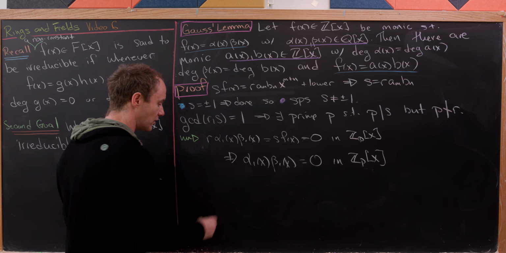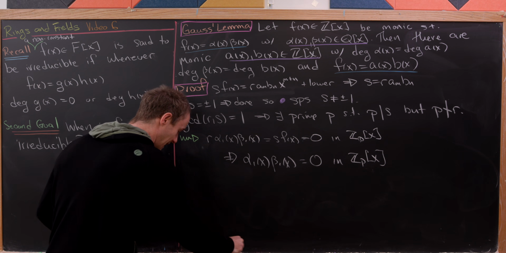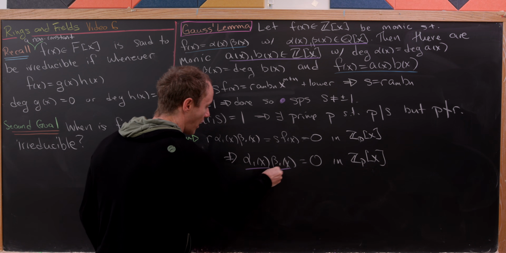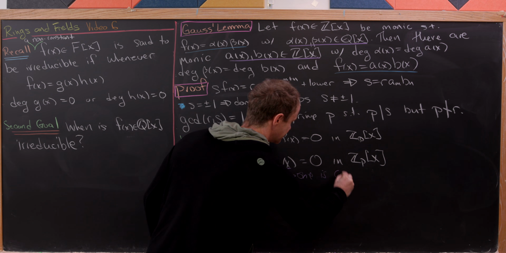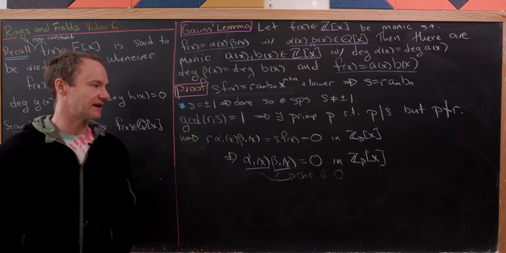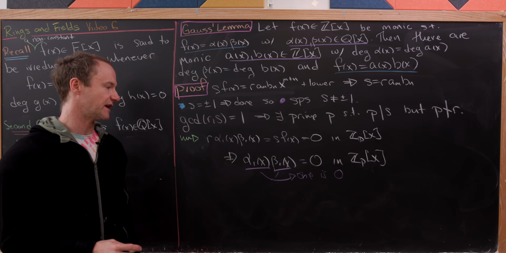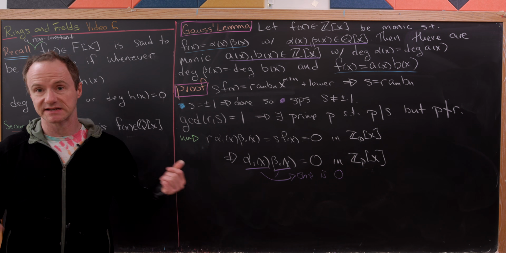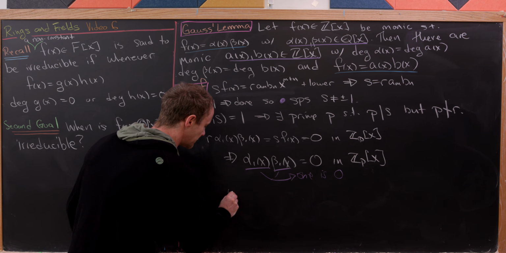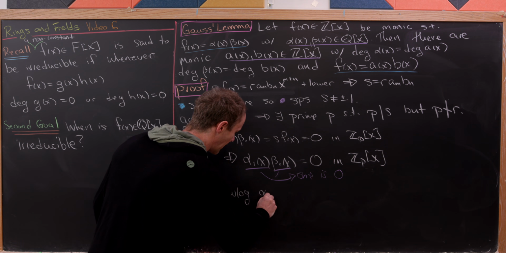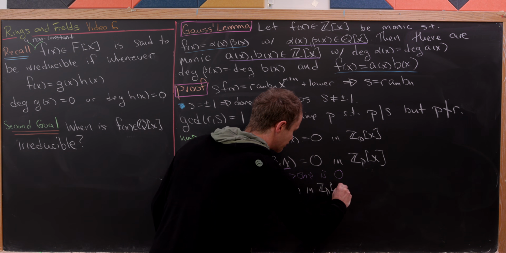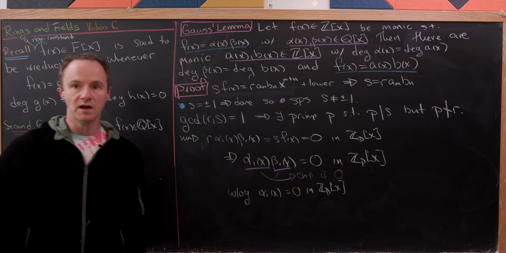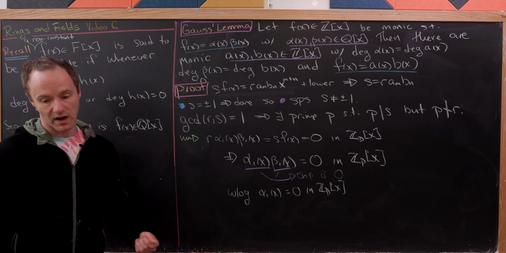That tells us that one of these is 0 inside of Z_p adjoin x. Again, Z_p adjoin x is an integral domain. So let's say, without loss of generality, alpha 1 of x is equal to 0 in Z_p adjoin x. But now, why is that a problem?